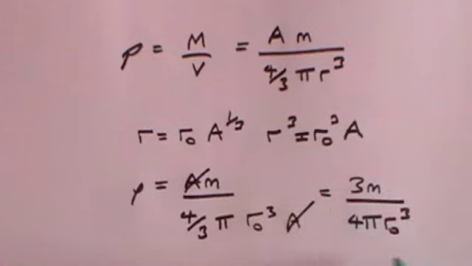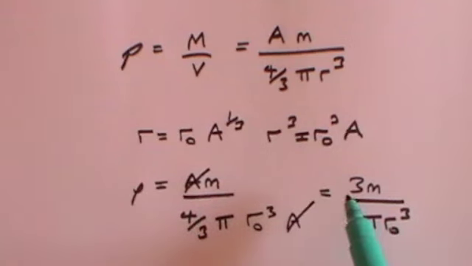And you'll see that all of that is a constant. We've got m, which is the value of the atomic mass unit, and we've got R0, which itself is a constant. So that tells us that the density of the nucleus is independent of the number of protons or neutrons.